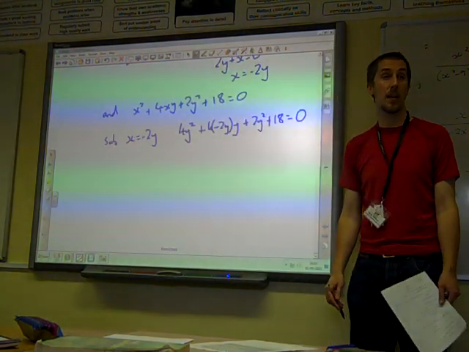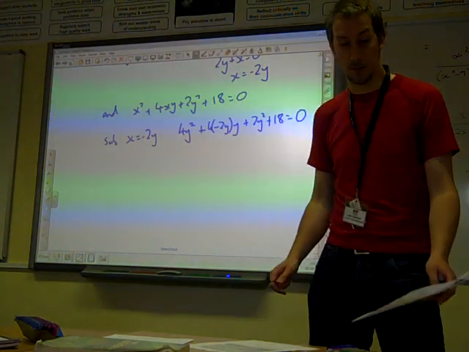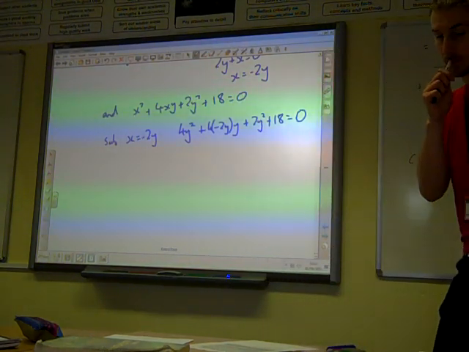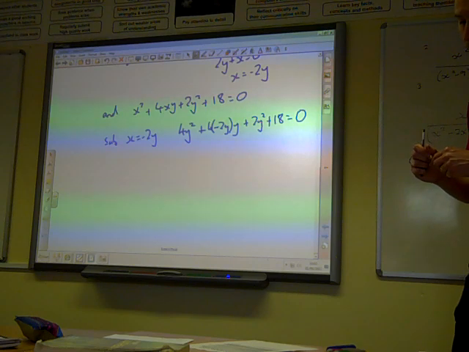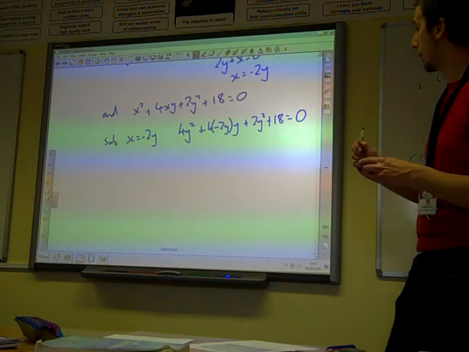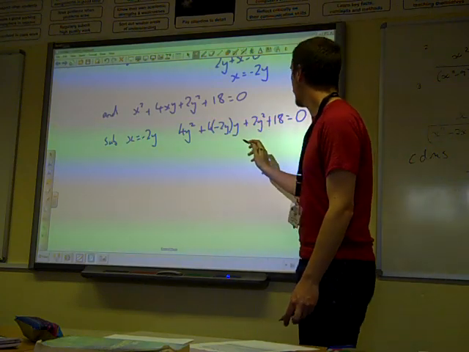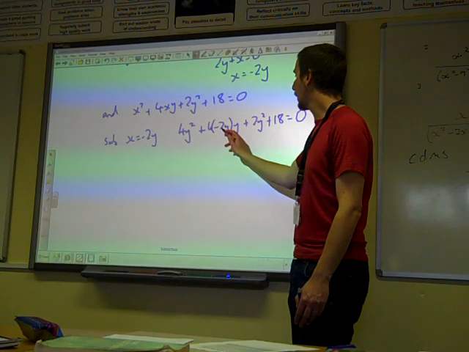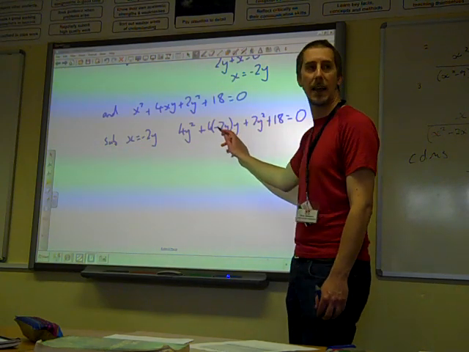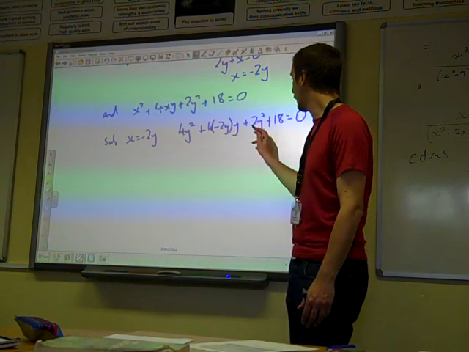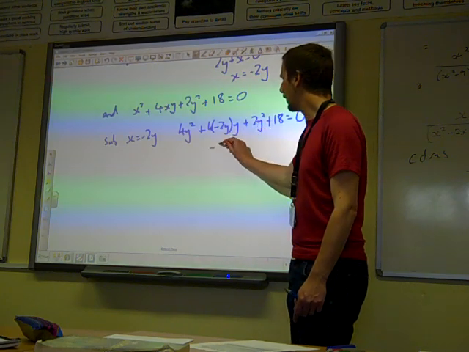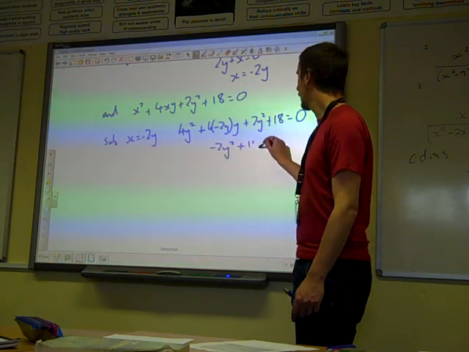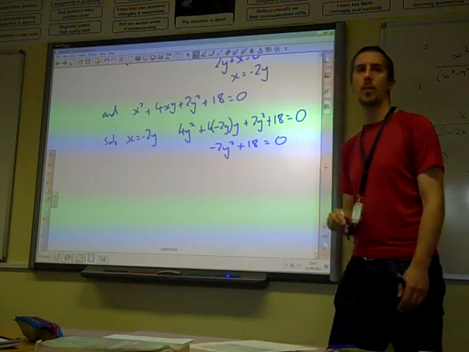We've got a quadratic emerging now in terms of y. Now this is quite nice because it's just y squared terms, isn't it? We've got 4y squared, we've got minus 8y squared, so that's minus 4 plus 2. That's minus 2y squared, plus 18 is 0.